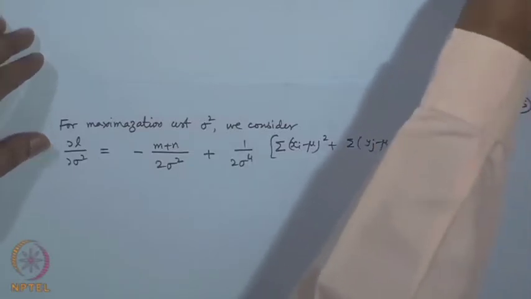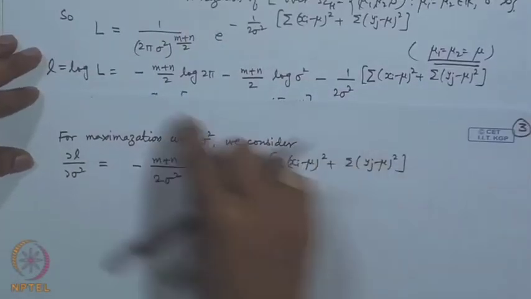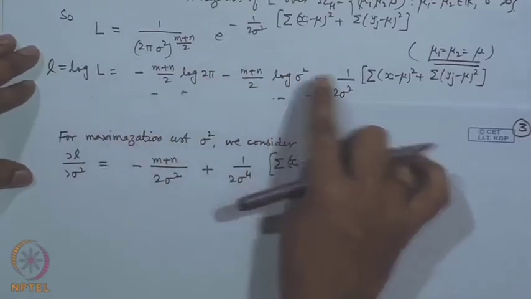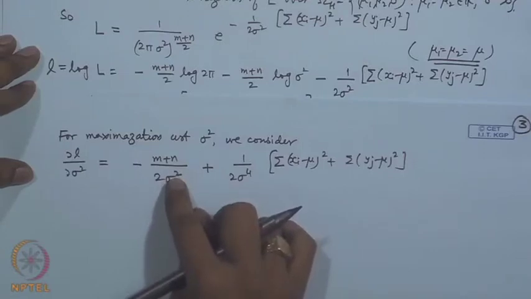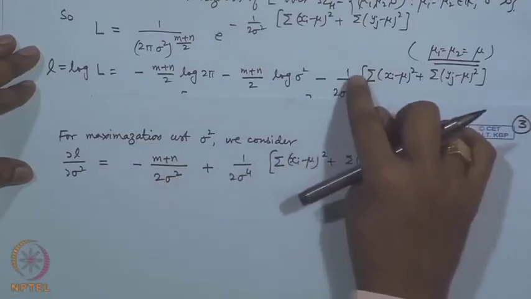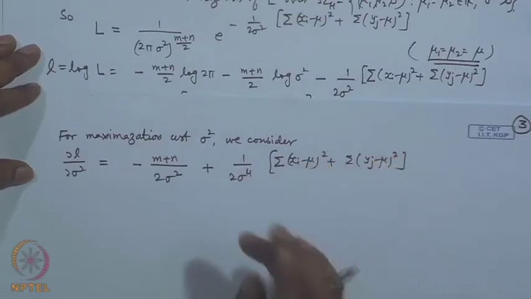And this you can follow from looking at this term here: if I differentiate this term with respect to sigma square, this term gives me minus (m plus n) by 2 sigma square, and this term gives me 1 by 2 sigma to the power 4 into this term.